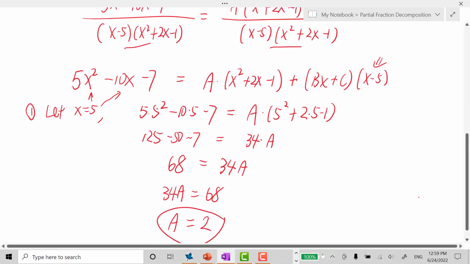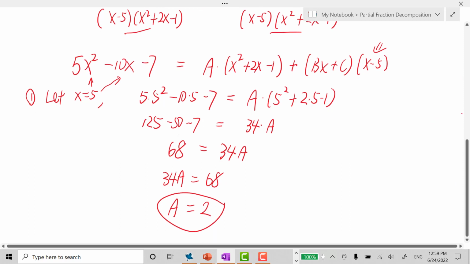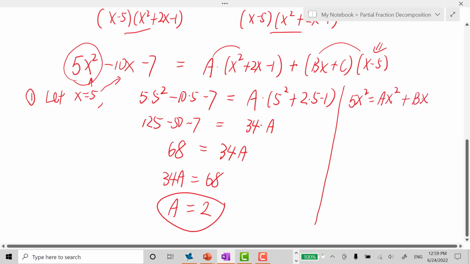Now, since we know a, let's figure out what b is. If you look at the quadratic term, 5x squared, on the right hand side there are only two x squared terms. So 5x squared on the left must be equal to ax squared plus bx squared.